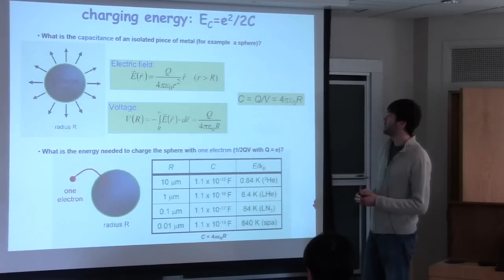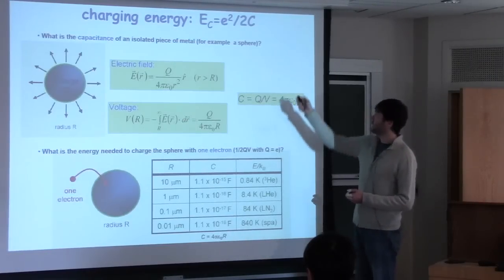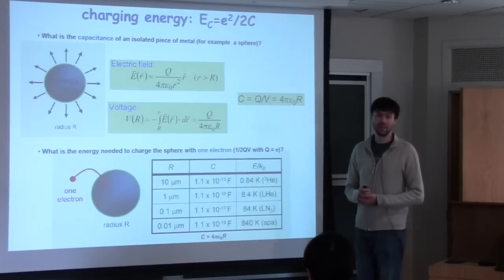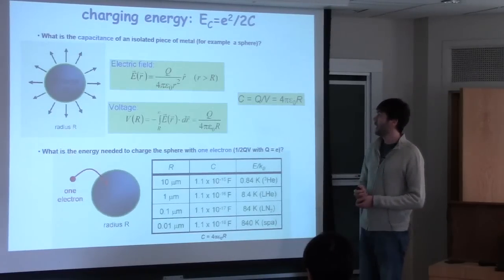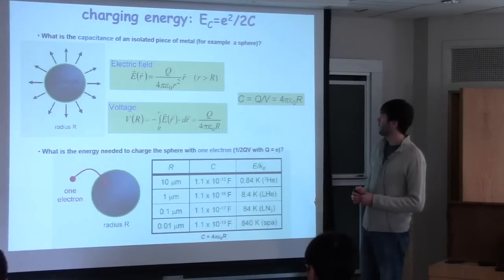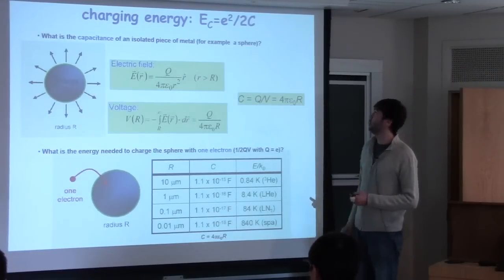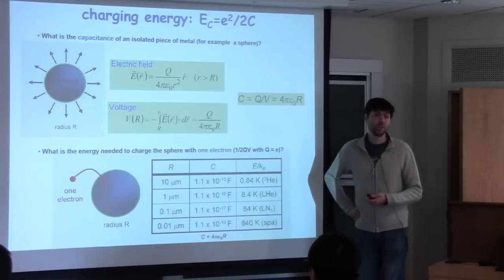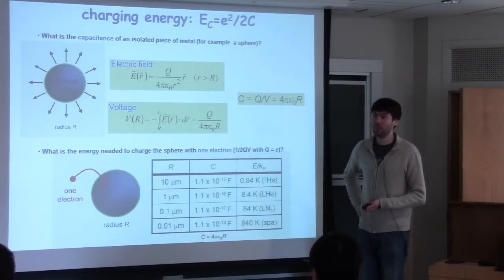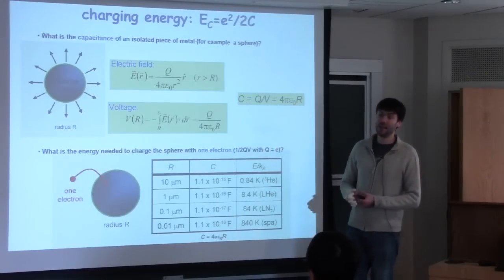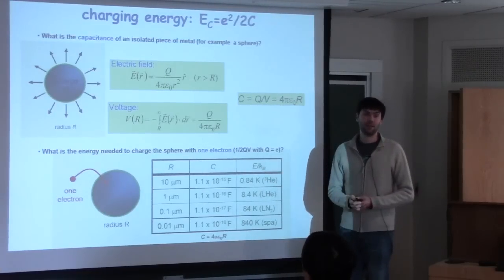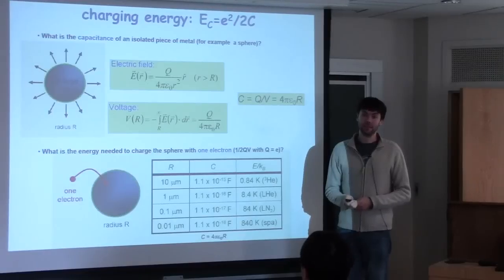And charging energy is e squared over 2C, the charging energy associated with a single electron. What you always need to know is the capacitance of the system, which can be comprised of couplings of this isolated island to the nearby conductors.